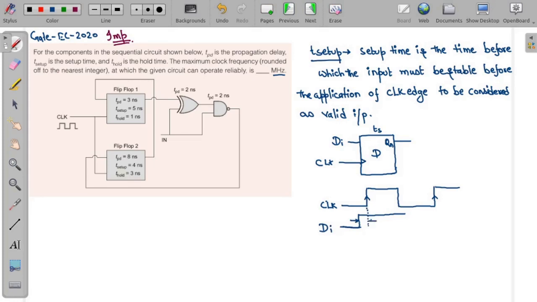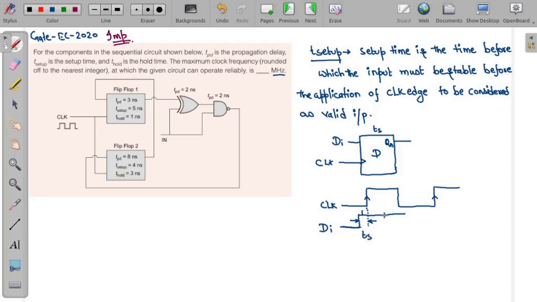So actually what do we mean by setup time is that my input should stabilize before the occurrence of clock edge. Okay. So this time should be Ts to consider Di as input 1. This is my logic high state or logic 1 state. Okay. So for this D flip flop, to consider this as input 1, my input should stabilize before Ts seconds. Okay, Ts, it can be nanosecond, picosecond, whatever it can be, it should be stabilized before this time.